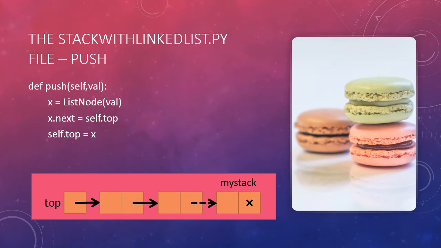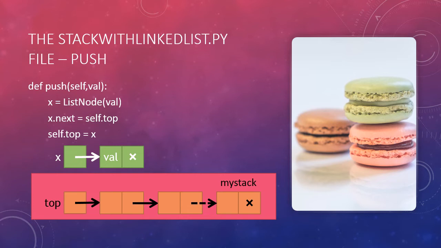Now I implement the push function, which takes the object of the class and a value that it is supposed to add to the data structure that is already present. The first thing that I do is call the init function of the class list node. The init function will create a node. This is pointed to by x.